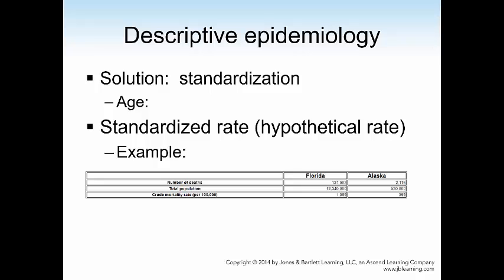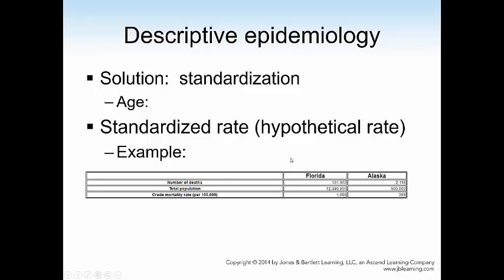I just want to show you one example that I found. Okay, so for example, let's just do the age standardization for cancer. We wanted to look at the number of deaths due to cancer, and we looked at Florida and Alaska.